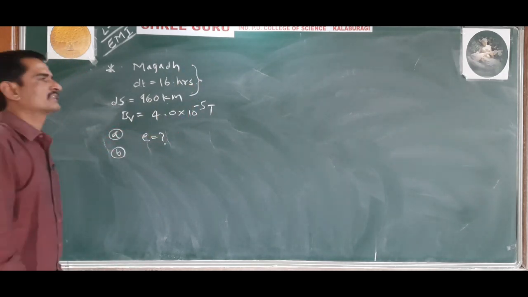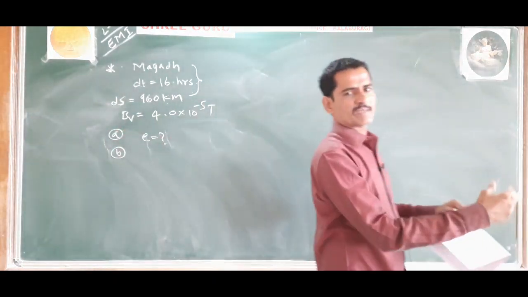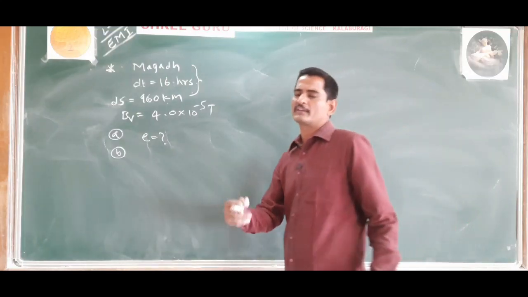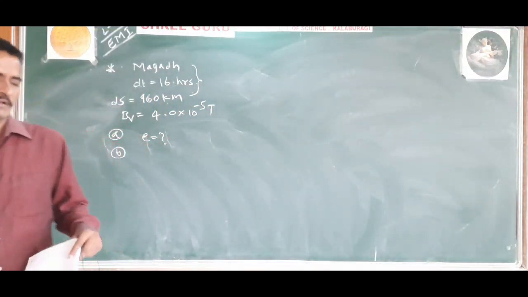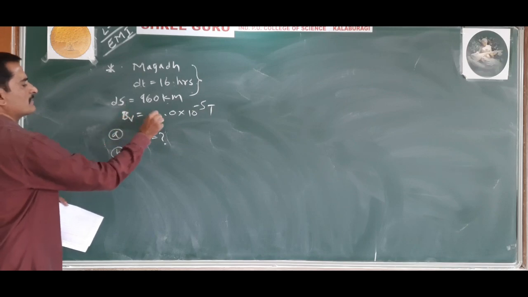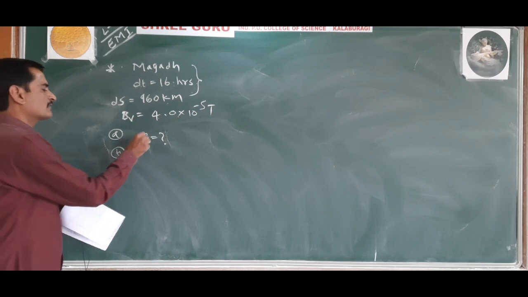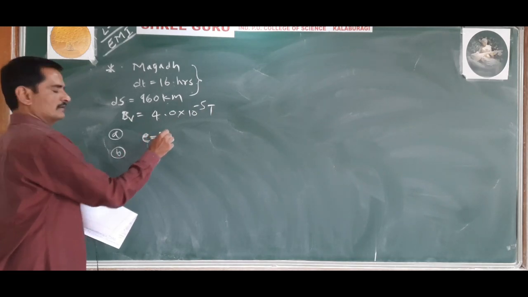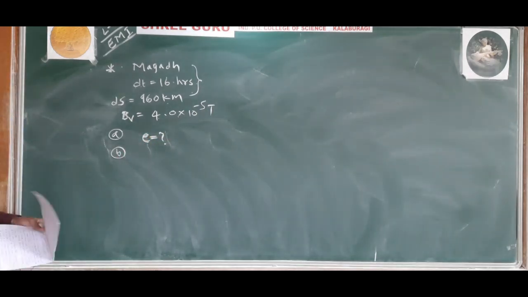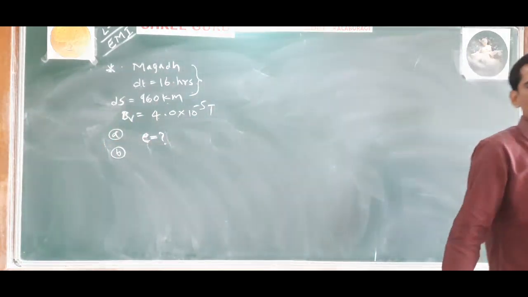The train moves in the Earth's magnetic field, and the vertical component of the magnetic field is 4.0 into 10 to the power minus 5 Tesla. Then find the EMF induced across the width of the train, and they are also asking what is the retarding force acting on the train.